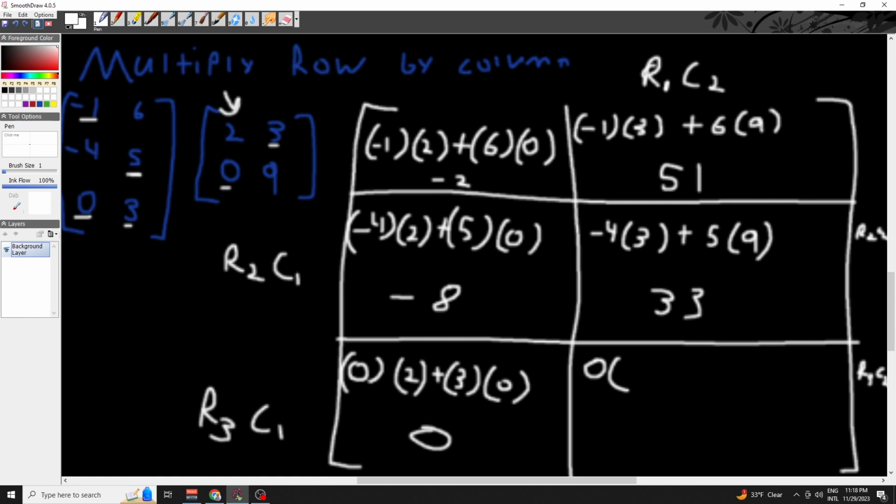It's the first result of column 2, which is 3. Add that on to the second result of row 3, which is 3, multiplied by the second result of column 2, which is 9. And this leaves us with 27. You can do the math on that one.